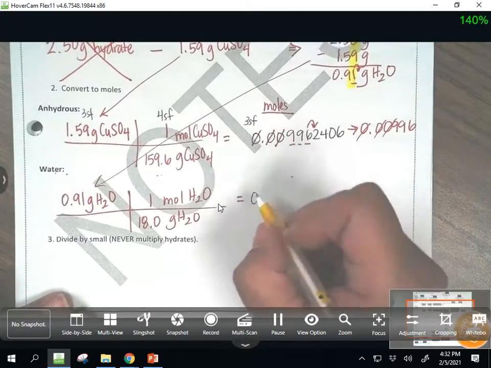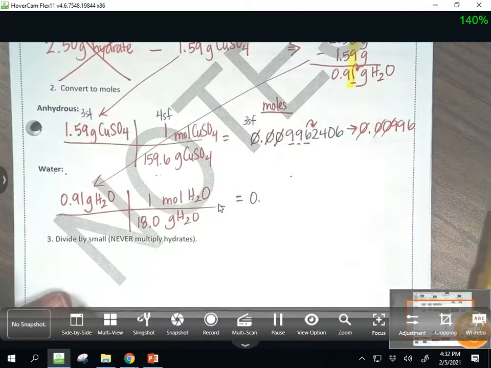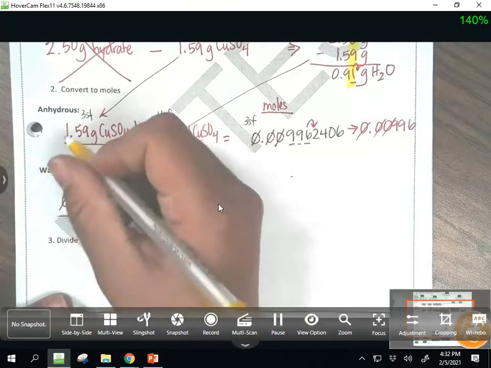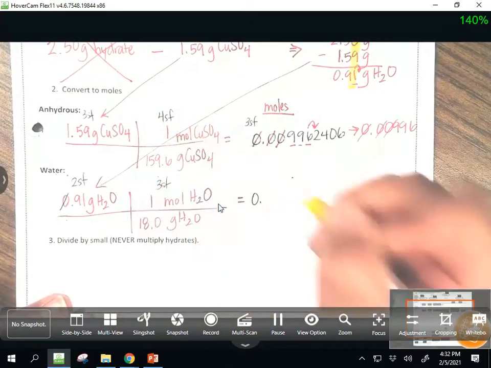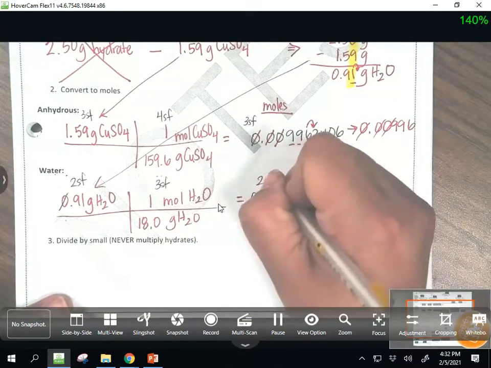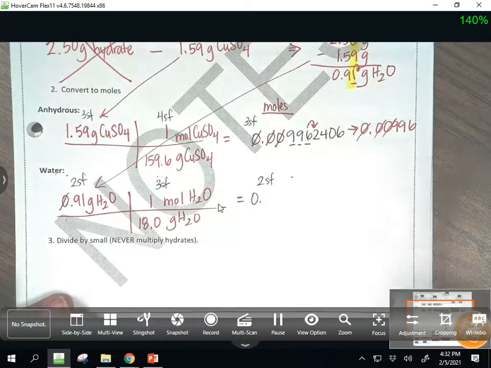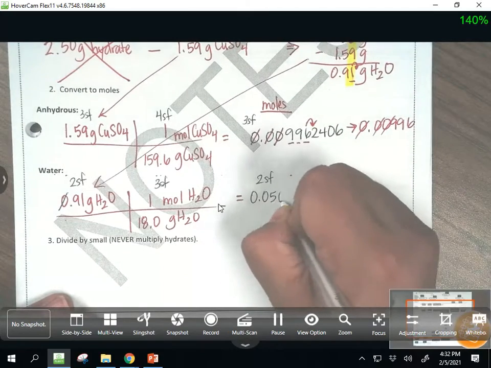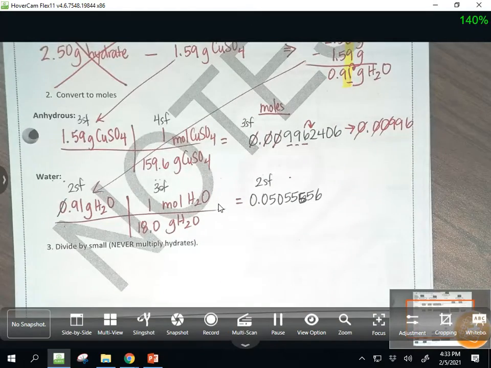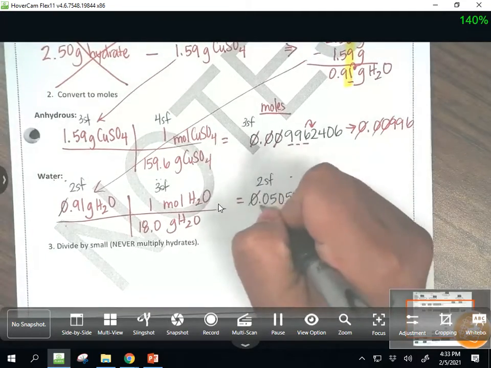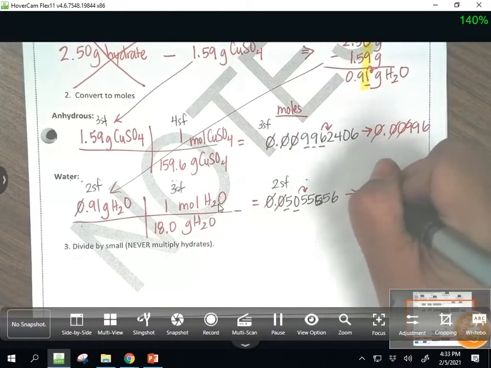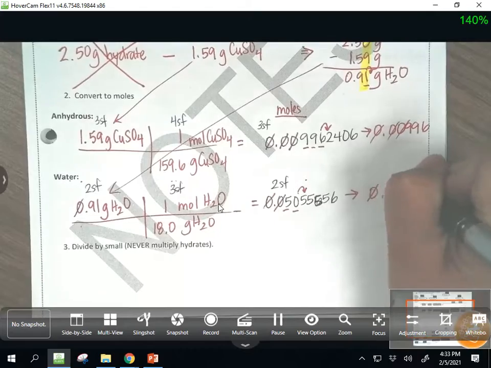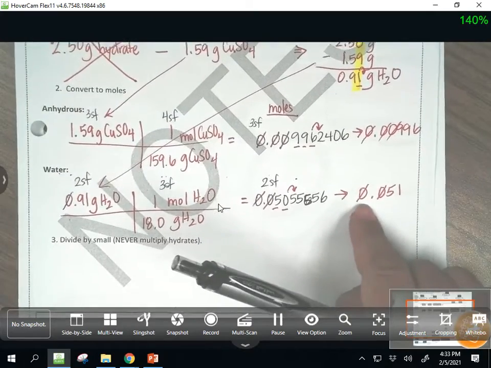I put this in my calculator and count my sig figs. That 0 doesn't count. 2 sig figs, 3 sig figs. I'm going to round to 2 sig figs. My calculator gives me 0.05055. So I need 2 sig figs. These zeros can't count. 1, 2, look at the neighbor. So this number is 0.051. Remember, these zeros don't count.